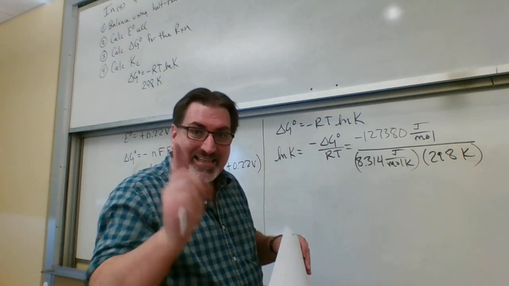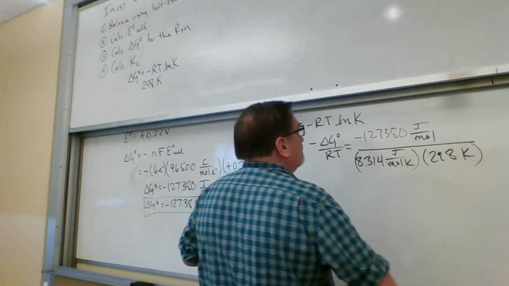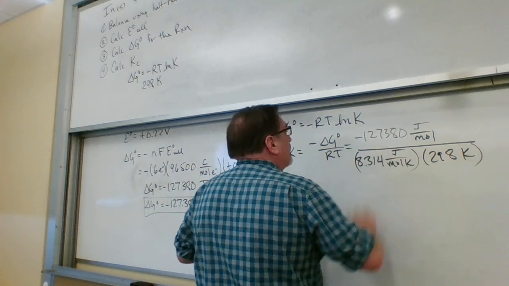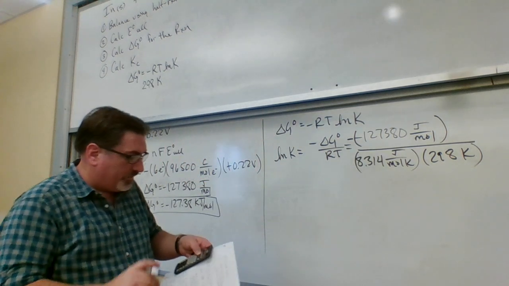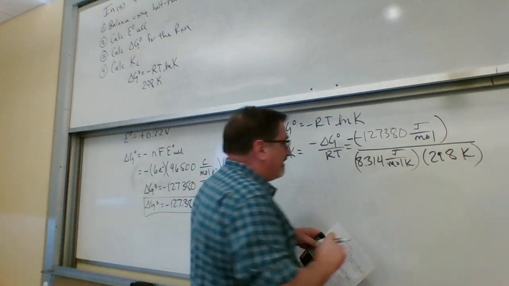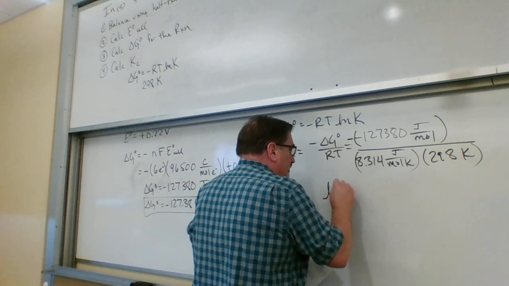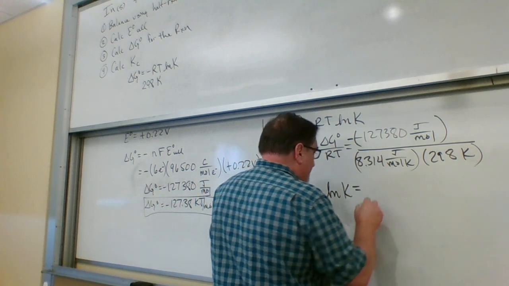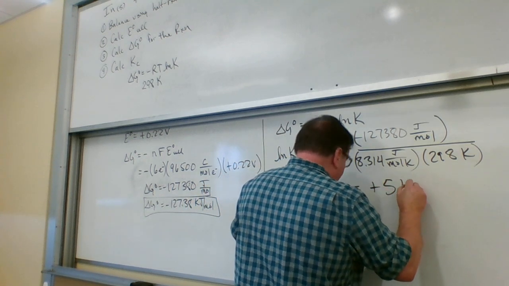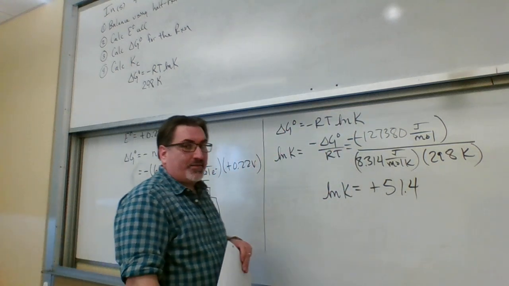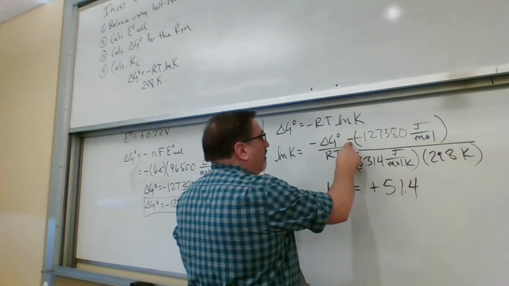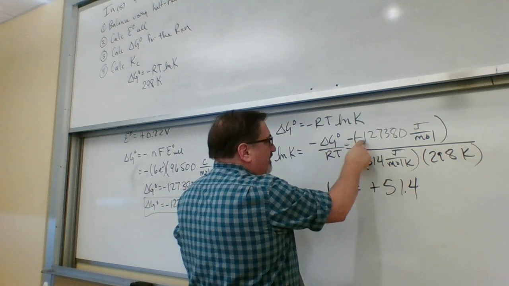That, I did it again, didn't I? This is minus. So you get positive. Natural log of K is plus 51.4. Sorry about that. It's an easy mistake to make. I still do it, obviously. Minus delta G was negative, so we got two negatives there.